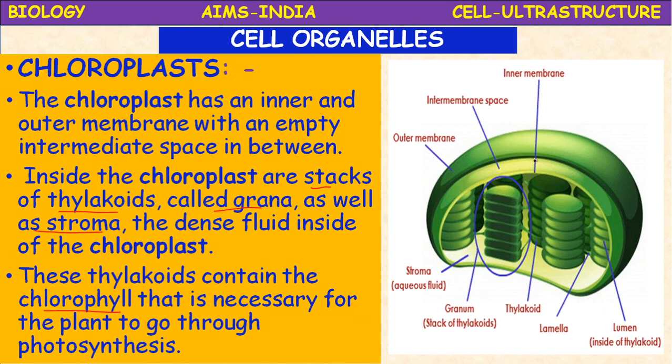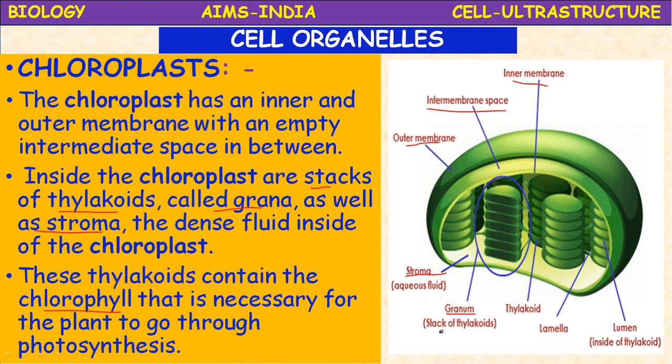See the structure here. It is made up of two membranes, inner membrane and outer membrane, and there is a space that is called intermembrane space. Inside the inner membrane, the chloroplast consists of two regions, stroma and grana.